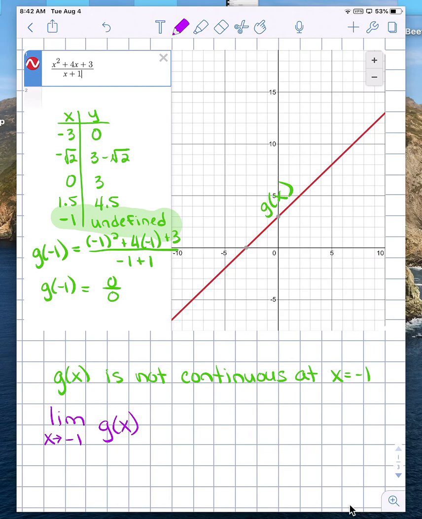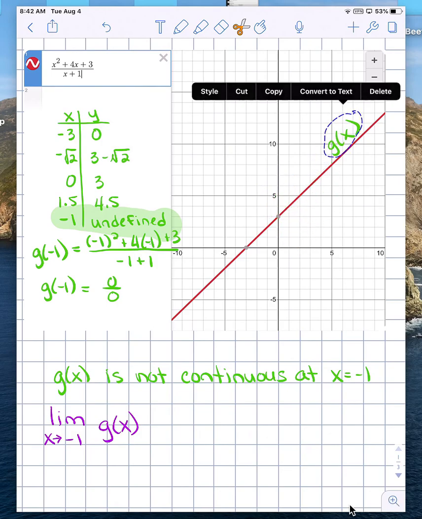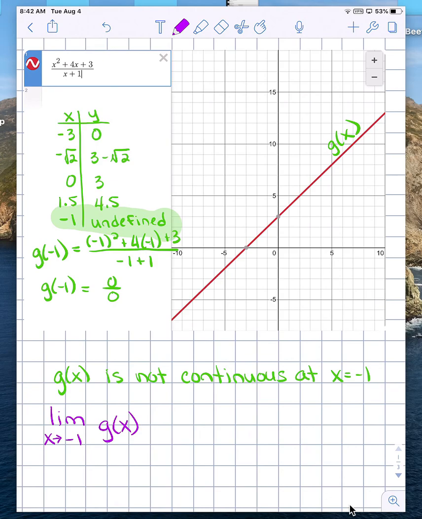I'm going to move my g of x out of the way, up here, because that's nowhere near -1. So as x approaches -1, here's -1 right there. What we're looking at is from the left and from the right. Now we know that that point does not exist. We're going to look at it closer in just a minute.